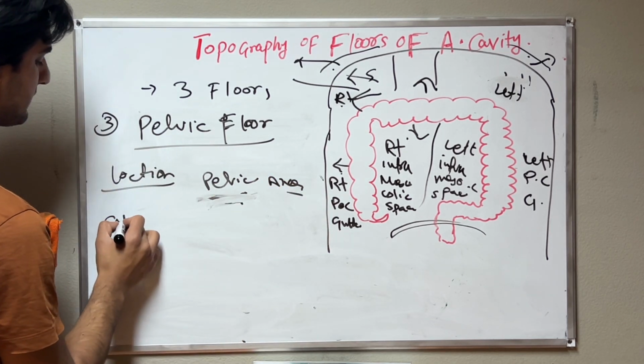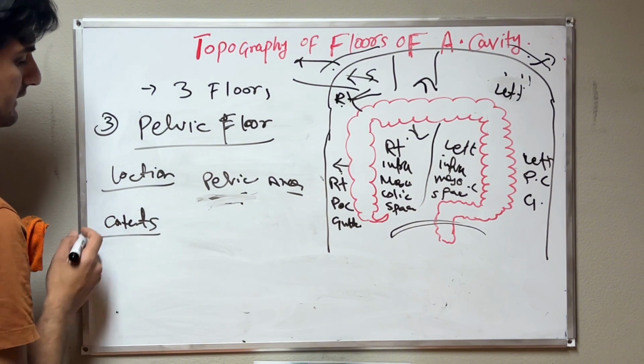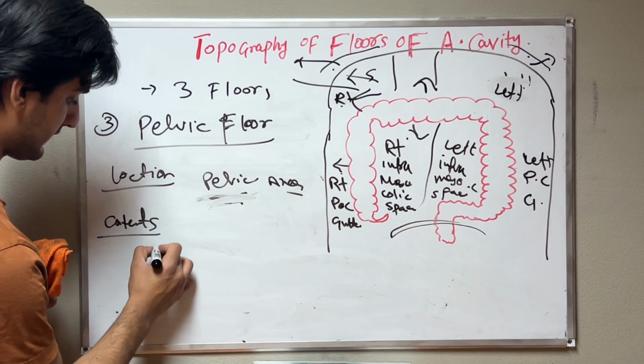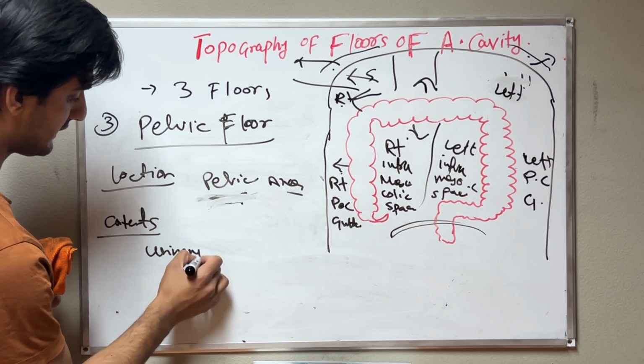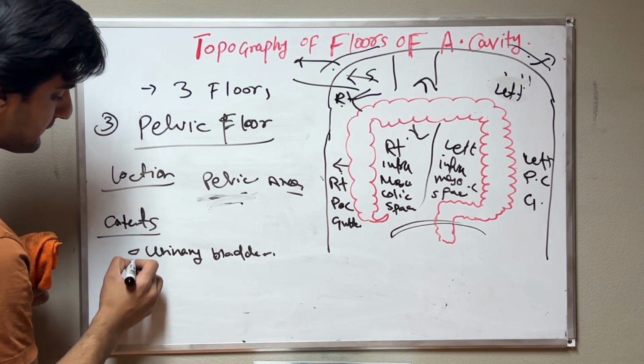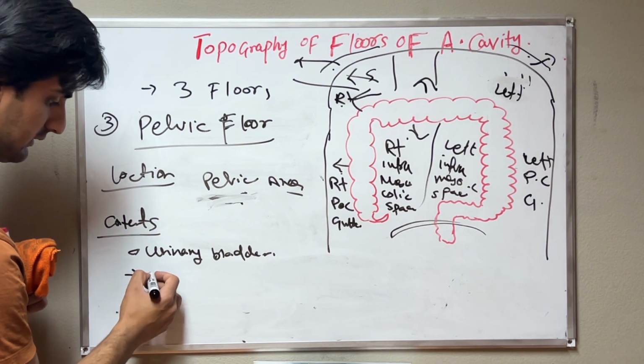Now, which contents or organs are there in the pelvic floor? Okay, we have urinary bladder, and there we have sigmoid colon.